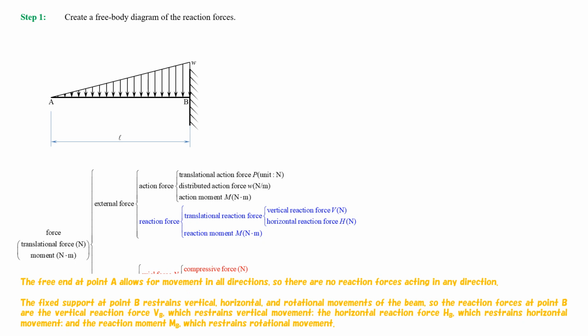The free end, at point A, allows for movement in all directions, so there are no reaction forces acting in any direction. The fixed support, at point B, restrains vertical, horizontal, and rotational movements of the beam, so the reaction forces at point B are the vertical reaction force VB, which restrains vertical movement, the horizontal reaction force HB, which restrains horizontal movement, and the reaction moment MB, which restrains rotational movement.